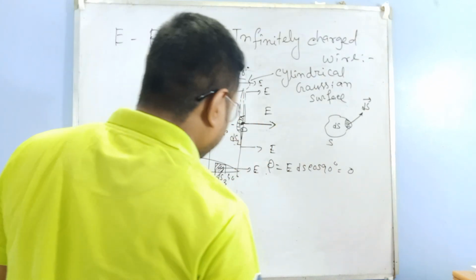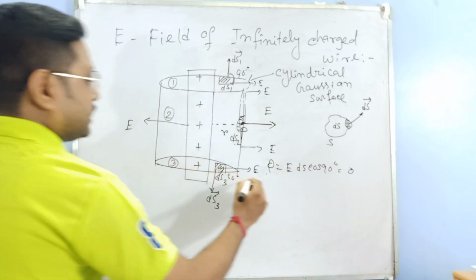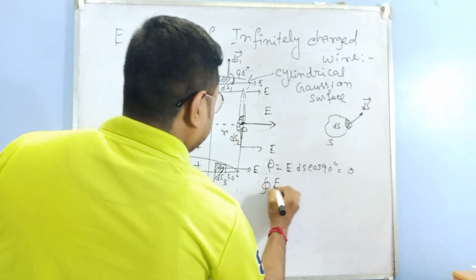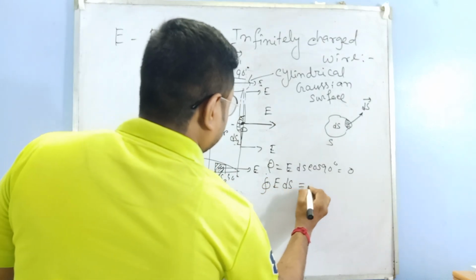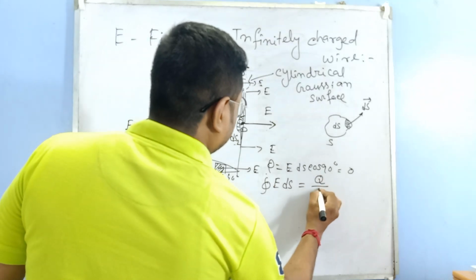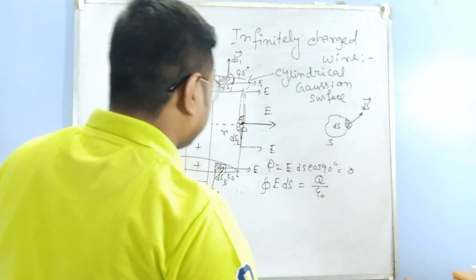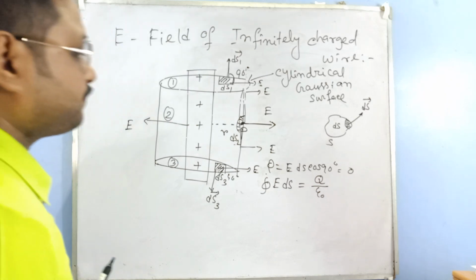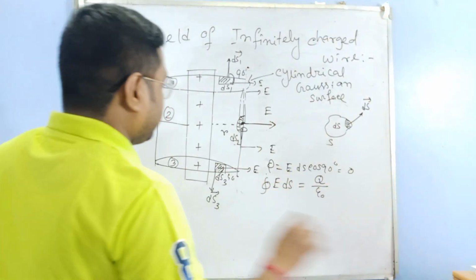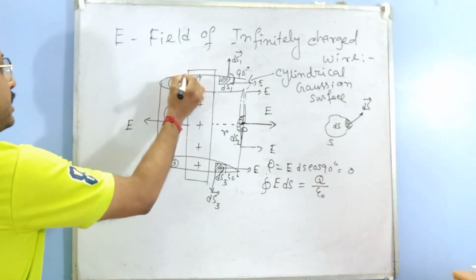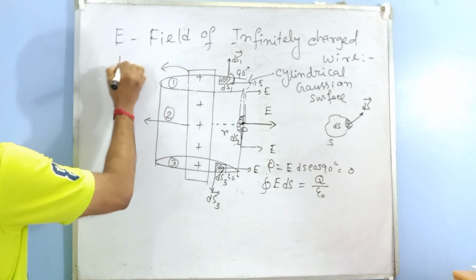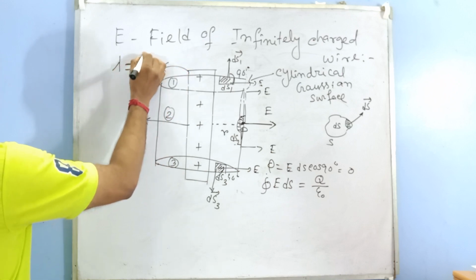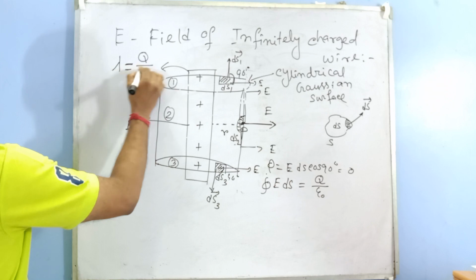Now we know that Gauss's law is the integral of E dot dS equal to total charge q by epsilon naught. For this infinite wire, we consider lambda as the linear charge density, that is charge by length.